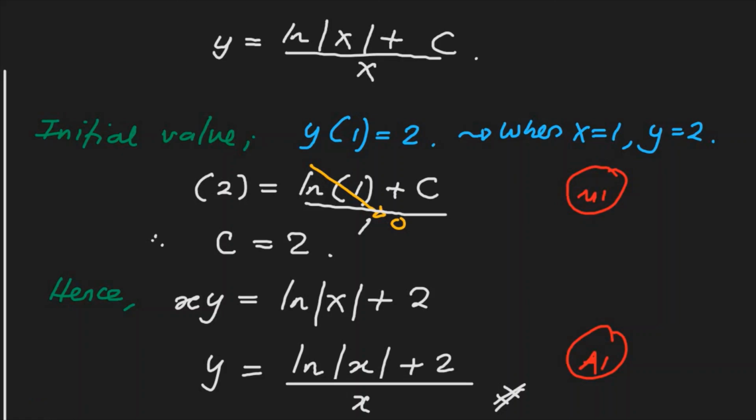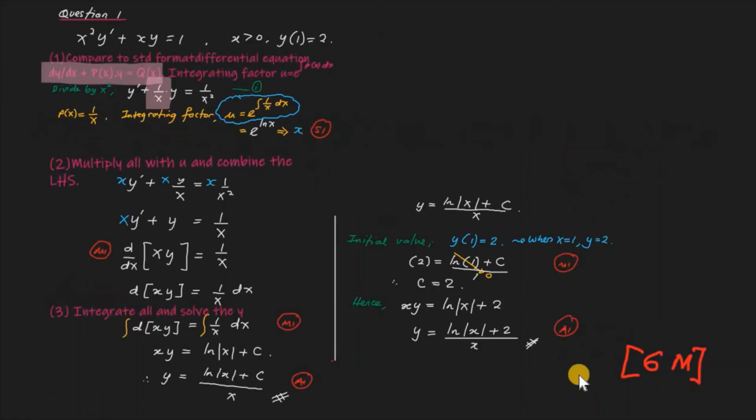Let us count how many marks this question carries. It carries 6 marks, starting with recognizing the p and getting the integrating factor, 1 mark. Then you multiply everything by the integrating factor, which is the x, and combine it using the product rule, the other way around: x y prime plus y x prime.